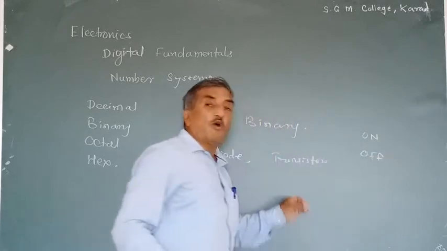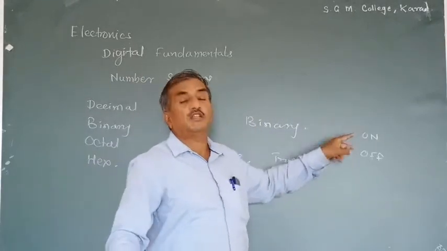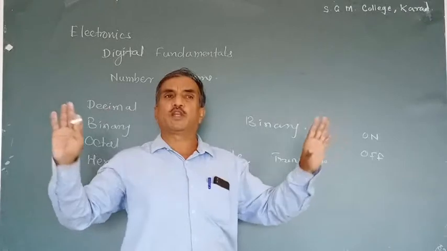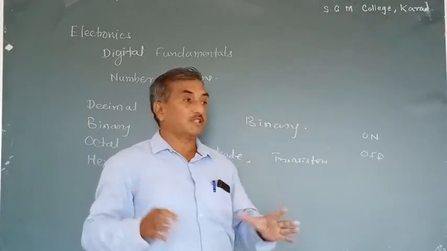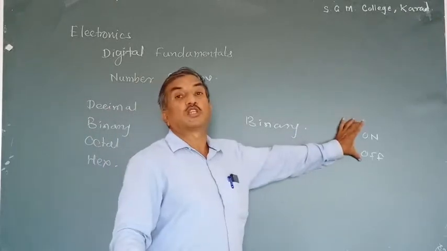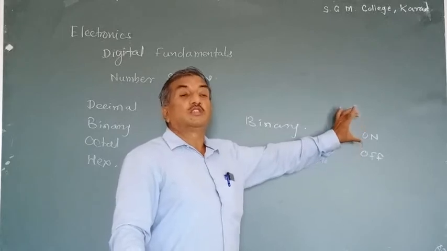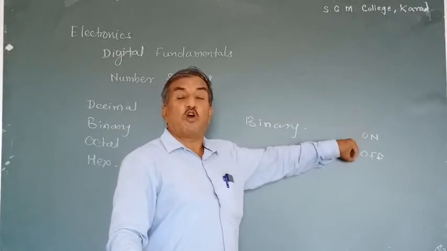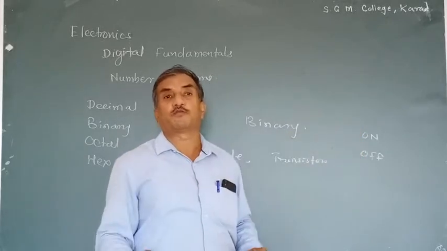When we operate these devices in 2 states, they work very properly, reliably, accurately, and at high speed. So this is the important way to operate these devices: on and off.